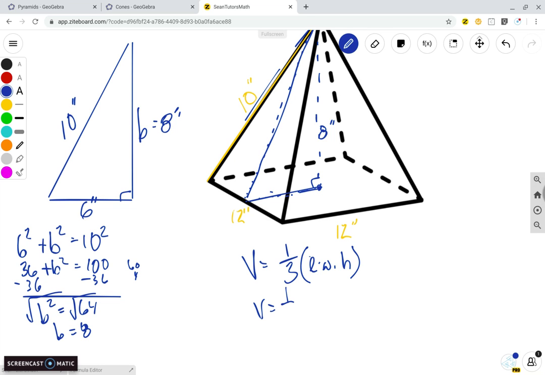So the volume is 1/3, length is 12 inches for the width, and a height of 8 inches. Right. So let's see, 12 divided by 3, that first part, 4 times 12 times 8. And then that would be coming out to, punch that on a calculator, 384 cubic inches.